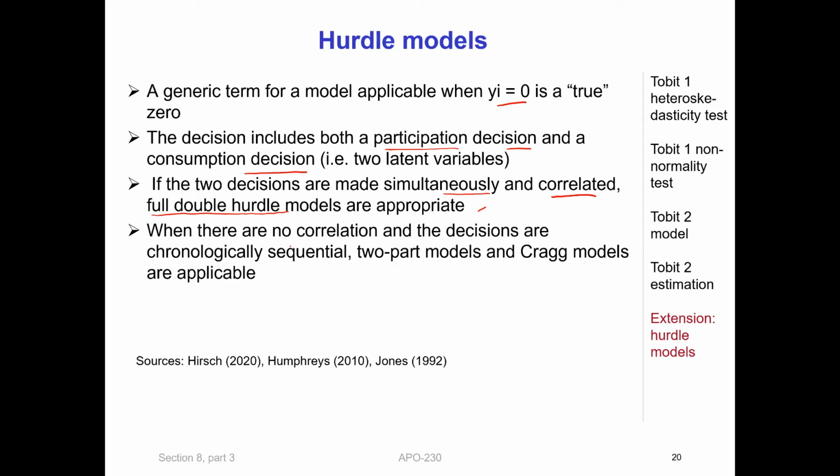Now, if we assume there is no correlation between the two error terms of the two latent variables, and the decisions are not made simultaneously but rather sequentially, then we have two other suitable models, including the two-part models and the Cragg models, named after the author who proposed this type of model. We will look at this a bit closer in the next slide.